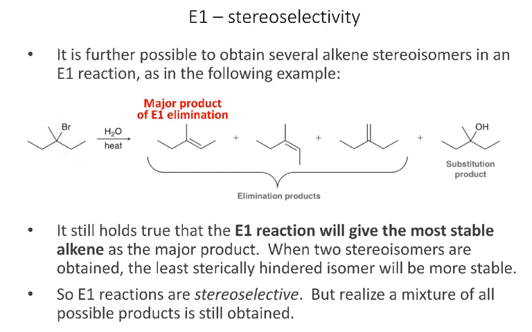If I eliminate the hydrogen from this beta carbon, that's going to give me this alkene. If I eliminate a hydrogen from either one of these two CH2 groups, I can get the E and Z isomers. This would be an example of an E isomer, and this would be the example of the Z isomer.